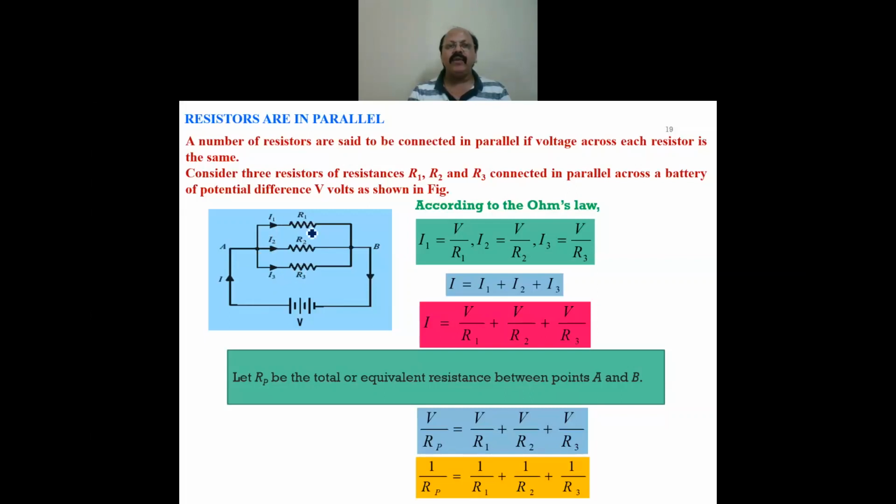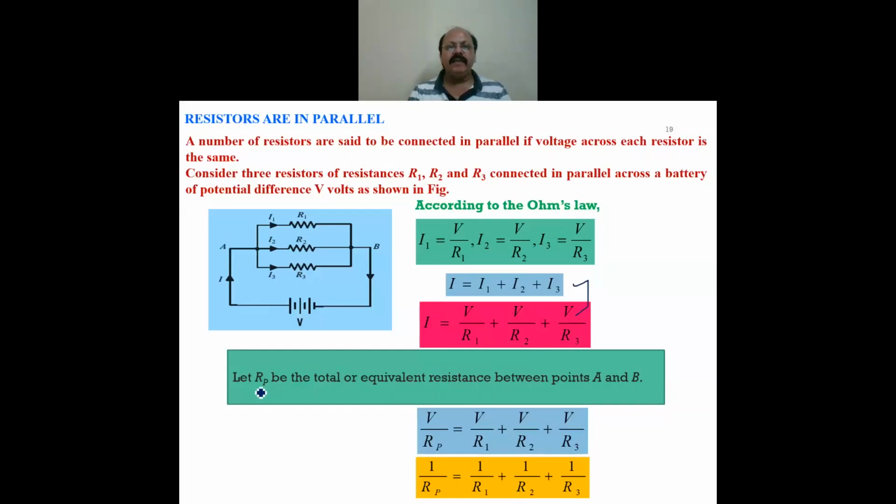But the voltage across each resistor of resistance R1, R2, R3 remains same. That is V. So according to Ohm's law, I1 equal to V upon R1, I2 equal to V upon R2, and I3 equal to V upon R3. And total current I is equal to I1 plus I2 plus I3. Substitute these values here in this equation, then you will get I equal to V upon R1 plus V upon R2 plus V upon R3.